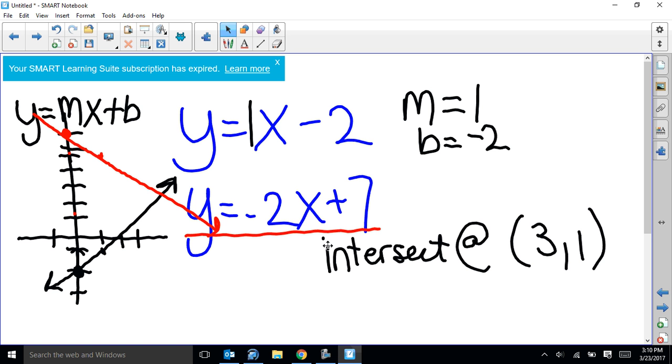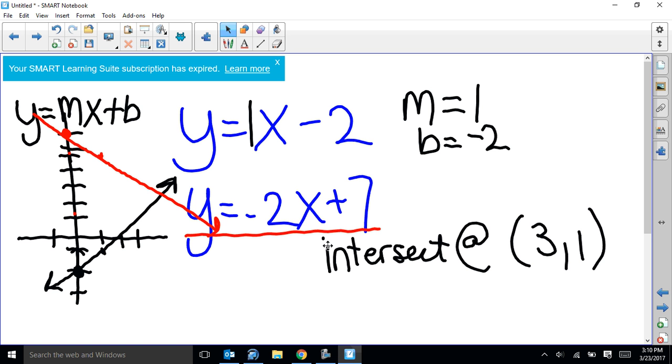All right. So you do this. All right. So where does our graph intersect at?